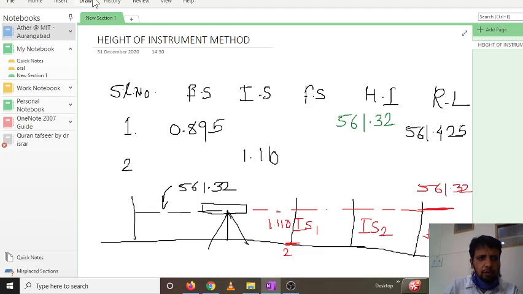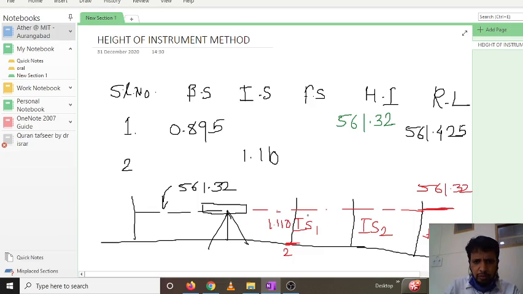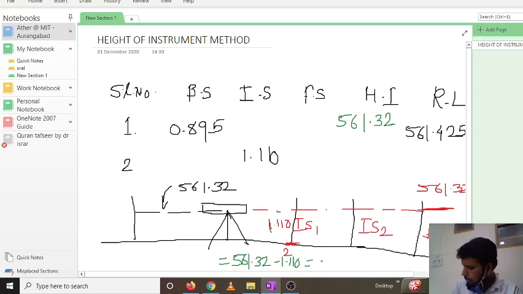This is your level, which has 562.32. From this particular level, you have to deduct this particular length 1.110. If you deduct it, 562.32 minus 1.110, you will get 561.21. So the RL of this particular point 2 is 561.21.